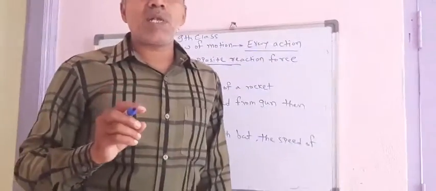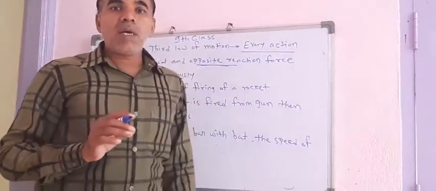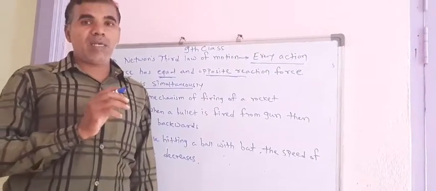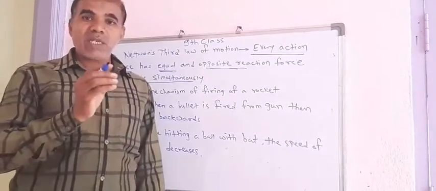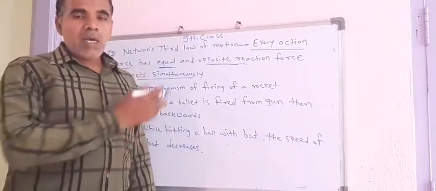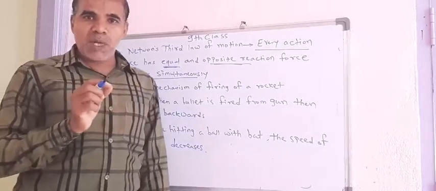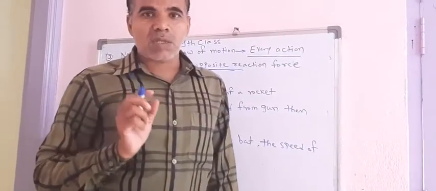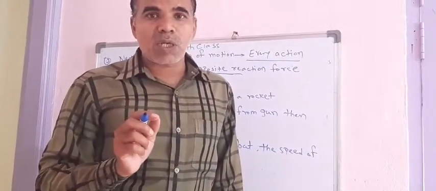Most of the examples are related to our routine life, general life. We will take some examples related to Newton's third law of motion. In Newton's third law, action and reaction occur simultaneously and they are opposite to each other.